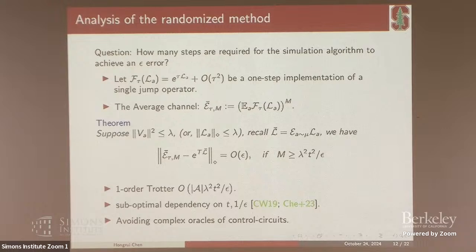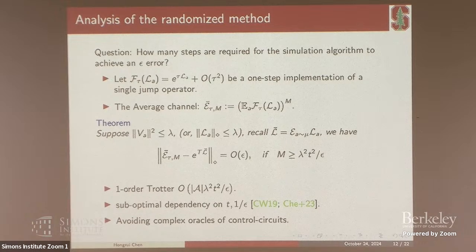But if we naively use the first-order Trotter, it will have some linear dependence on the number of jump operators if we use some worst-case analysis. And of course, this algorithm is suboptimal because, as we discussed in Chen Tao's talk, the optimal dependency on t should be linear and on epsilon should be logarithmic.